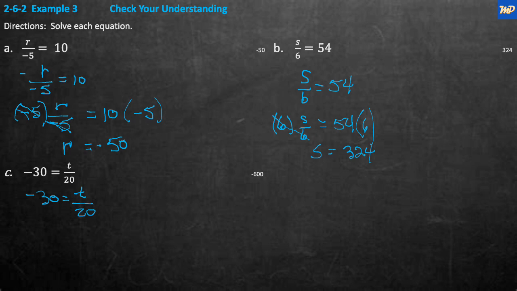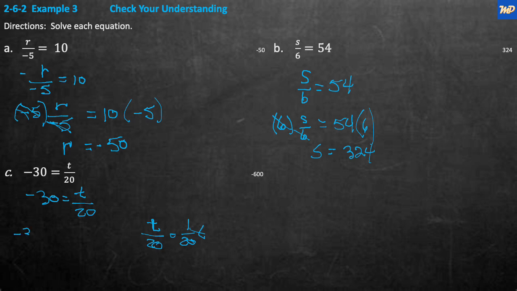The reciprocal of 20 is 1 over 20. 1t divided by 20 is the same as 1/20th t, right? So don't forget that. This is the multiplication by the reciprocal. So now we're going to put in the 20. Now we have 20 on both sides.